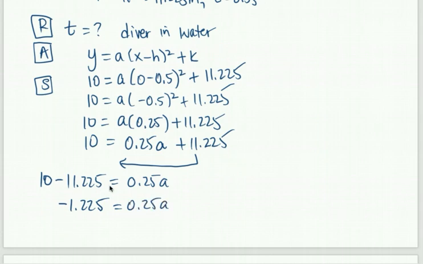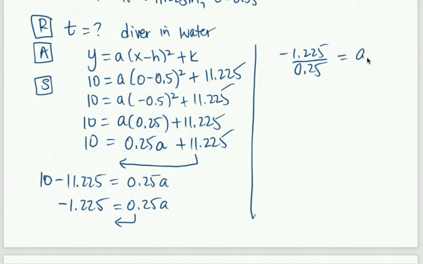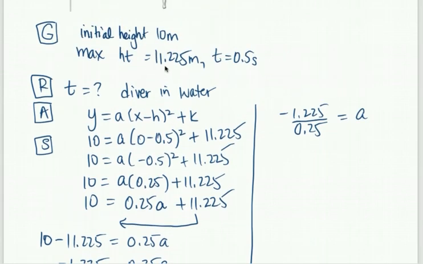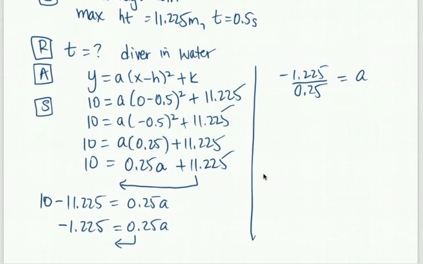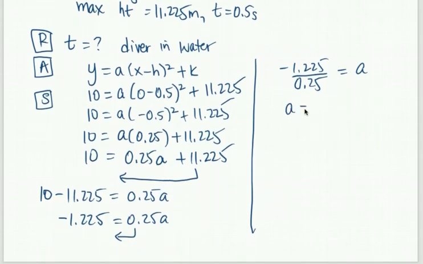Okay, so we got that, and then we're going to move this over, divide it away. So we'll do that over here. Okay, and because some of the values were decimals, it's okay to just keep working in decimals here. So that divided by the 0.25 ends up being negative 4.9. Okay, so our A value is negative 4.9.